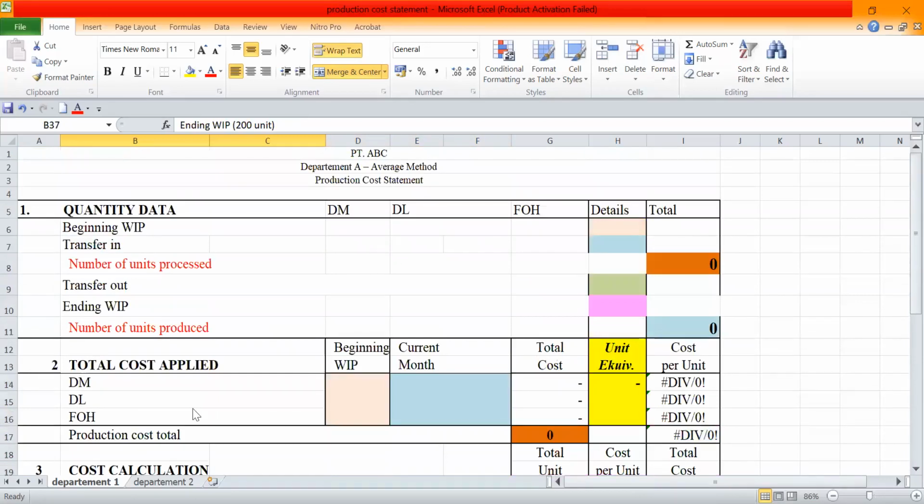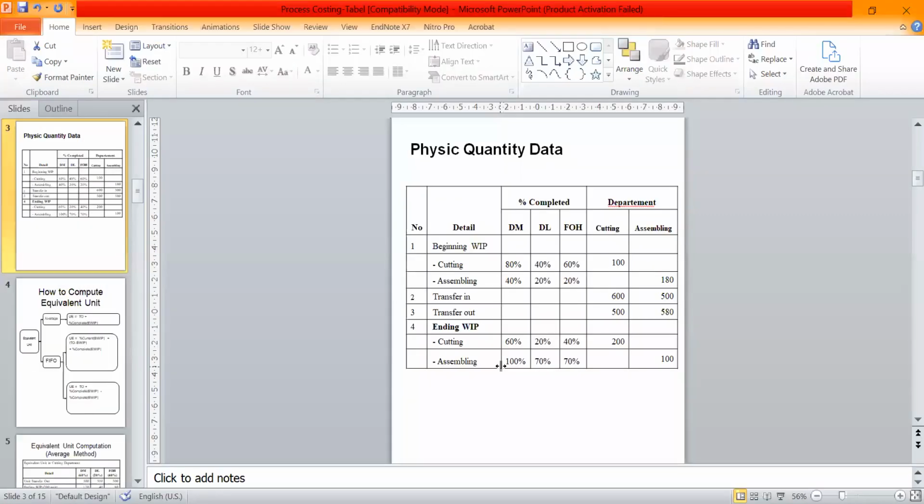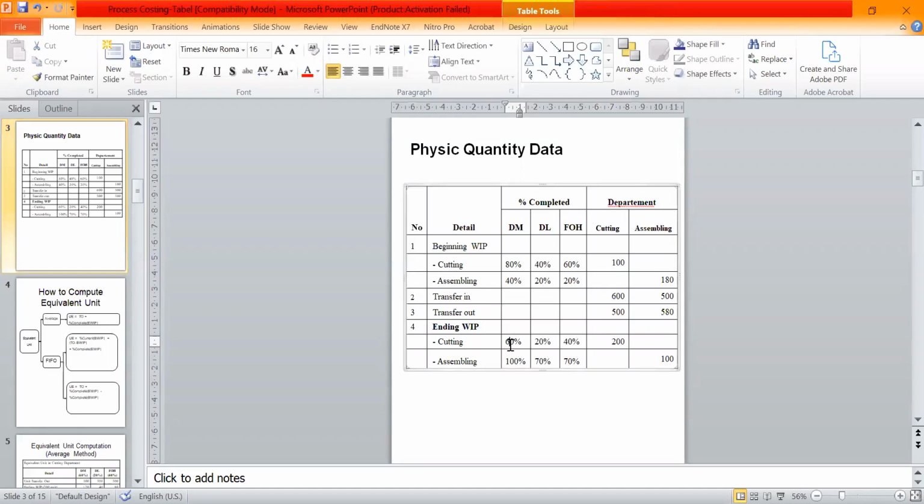So take a look at our data here. For the ending work in process, we are making the cost of production statement, so we input the percentage of completion of this number in the direct material, direct labor, and factory overhead cells.